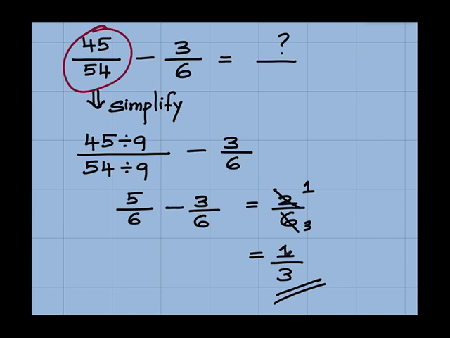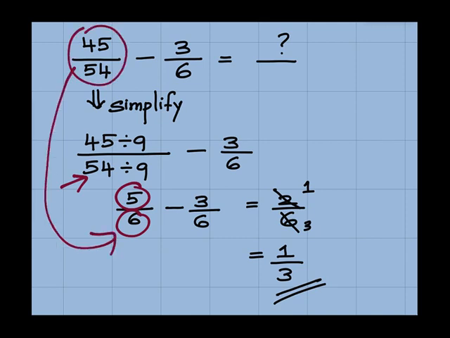So divide the numerator by 9, and also the denominator 54 by 9. 45 divided by 9 is 5 and 54 divided by 9 is 6. So we simplified the first fraction 45 over 54 and it became 5 over 6.